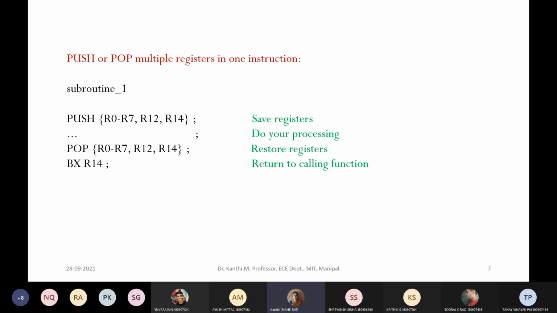If I give load multiple registers, normally we'll have a pointer, but here I need not, because by default your pointer is the stack pointer. So you can push multiple registers onto the stack memory, and you can pop multiple registers off. This is a BX, that is branch exchange, to return to the calling function whenever you use the subroutine.